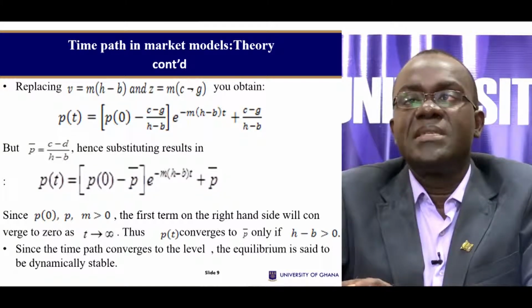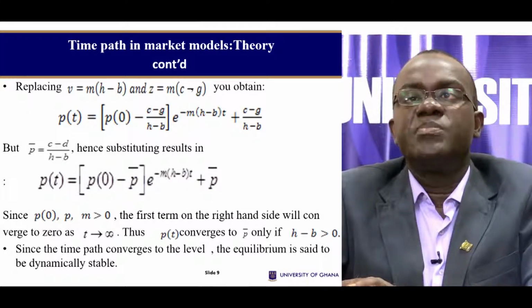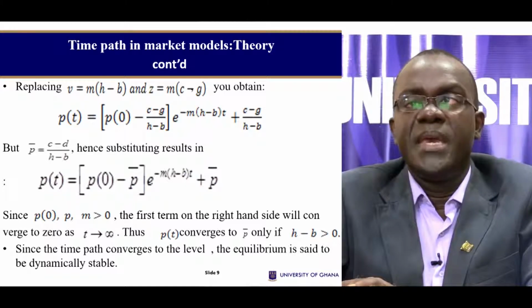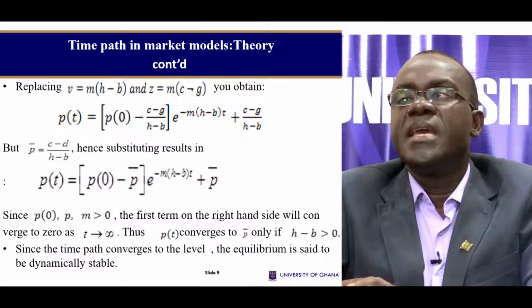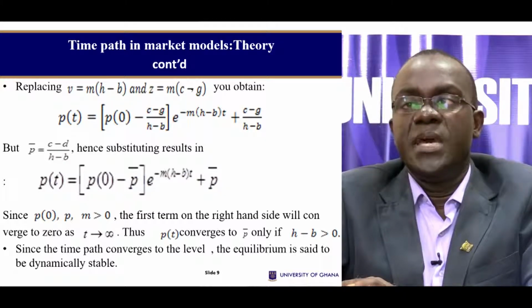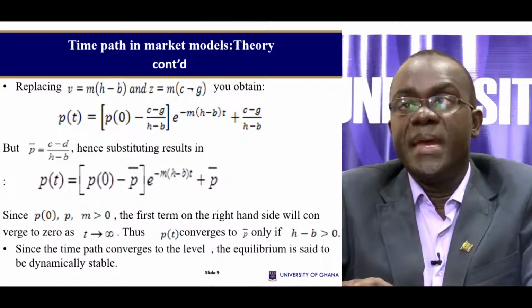Now, if you look at these additives, under what conditions are we going to have this equal to 0? We know that all these P of 0, P, M here are all positive. So when T tends to infinity, the price P of T will tend to P prime if and only if H minus B is greater than 0. Because then we have a negative exponent, so it turns out to be 1 over E raised to the power of this amount.